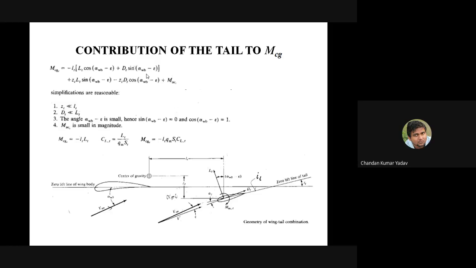Yes. If you take sine alpha as 0, then the second term is by default gone. And if you omit ZT, the fourth term is again gone.